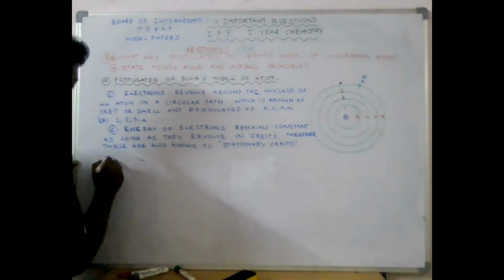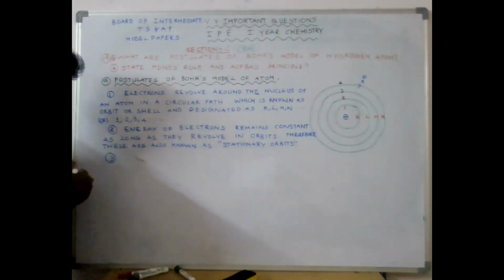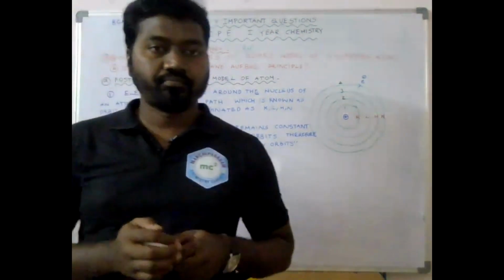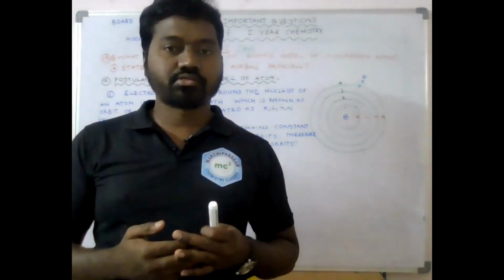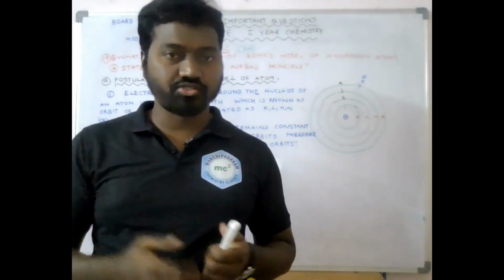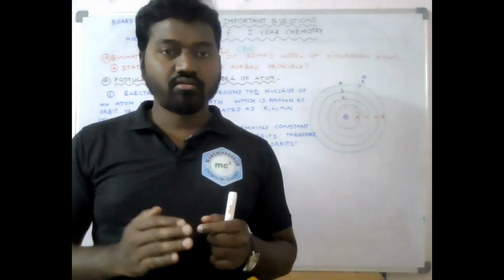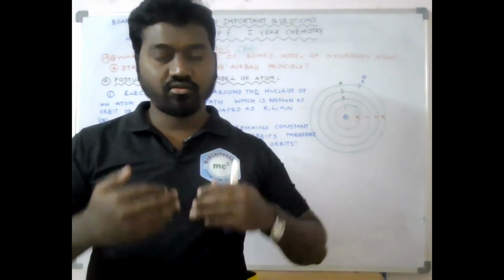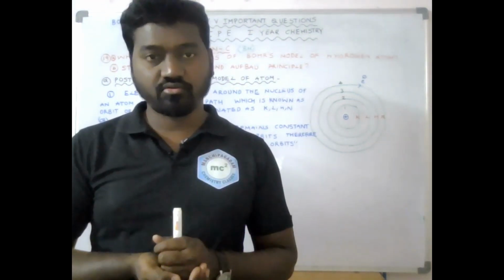Now the continuation: if the electron jumps from higher energy to lower energy, then it will emit energy, that means it will produce or give energy.